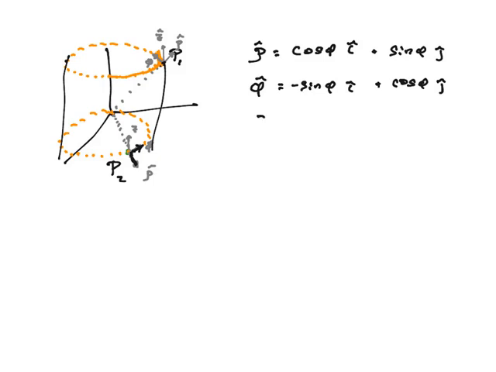And then, of course, z hat, that's the easiest. z hat is just z hat. It's the same z hat as Cartesian. So now we've defined our orthonormal unit vectors, rho hat, phi hat, z hat, in terms of the ones we already know, which are the i hat, j hat, k hat directions.